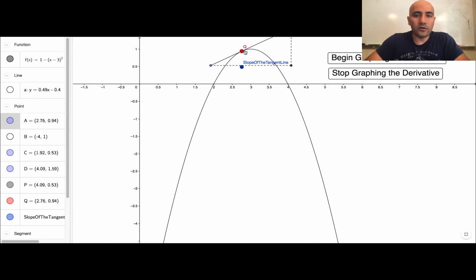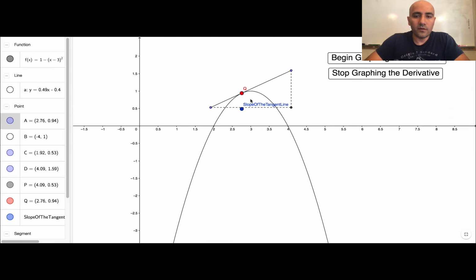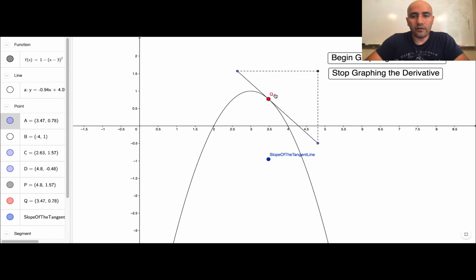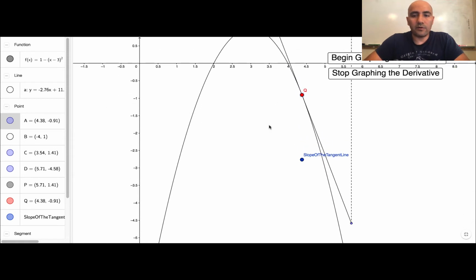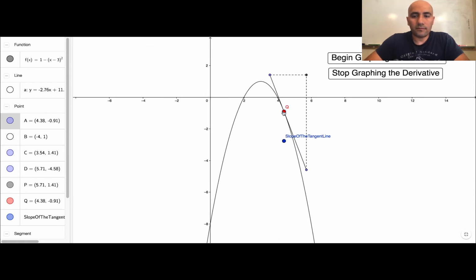Let me zoom in some more. Very small positive slope until we get to 0. And then at that point, we keep going, we have a very small negative slope, then a bigger negative slope, bigger and bigger negative slope, and we keep going.